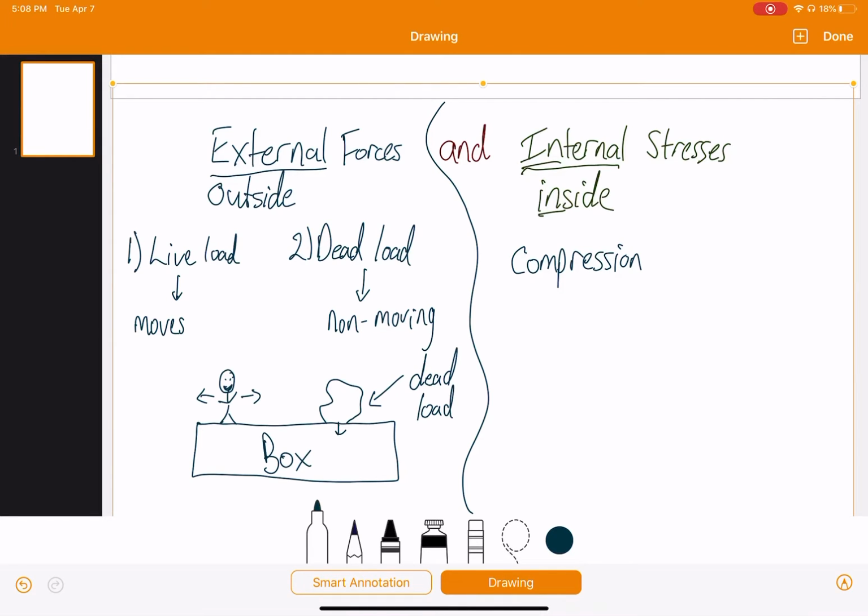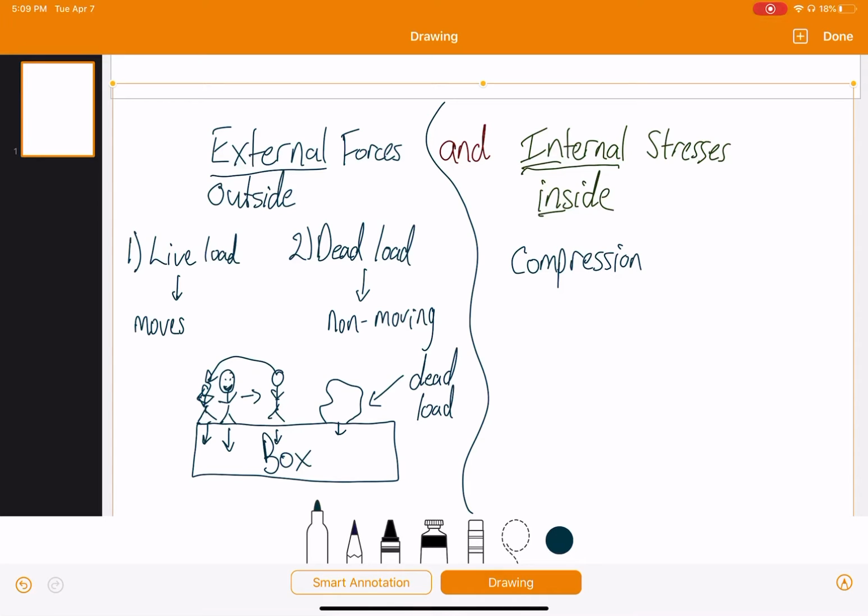If you've ever had little siblings, you likely know that they don't stay still very often. So because they're moving left and right, at the moment they're here, they're putting a compression force, then they're going to move over here and put a compression force, then they might come back over here and put a compression force. So we would consider them to be a live load.